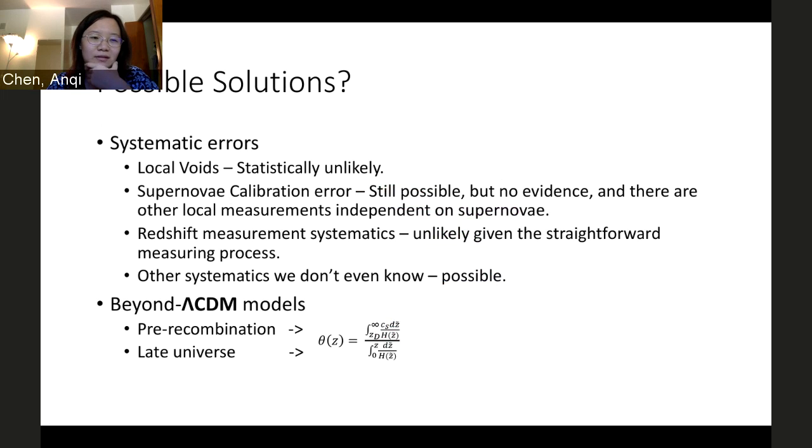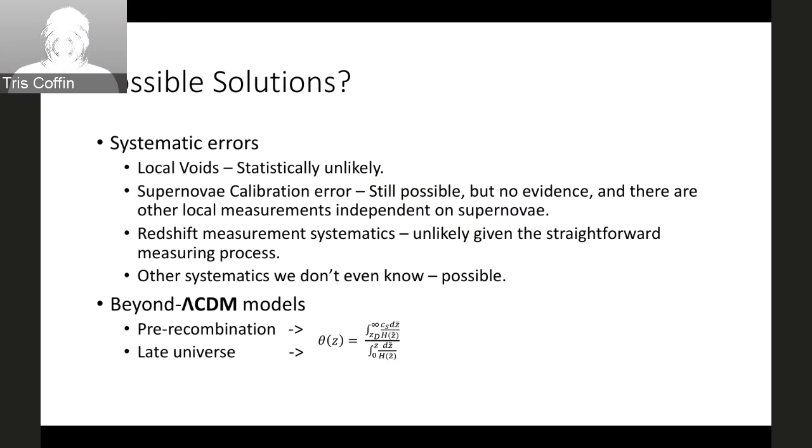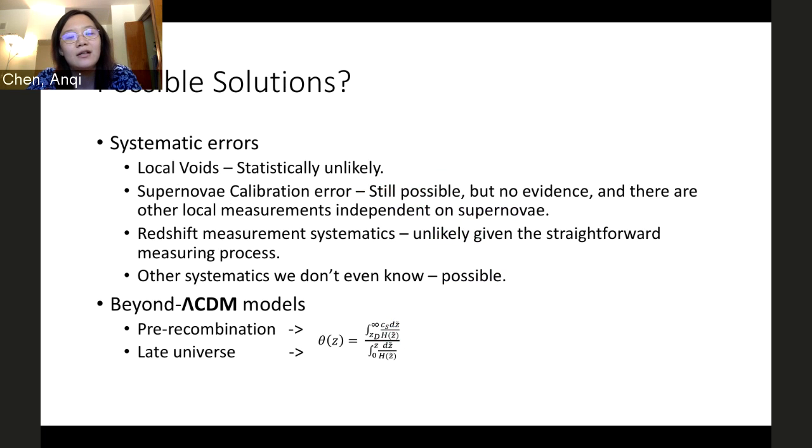In that case, it's no longer standard, and the distance measured by this standard candle distance ladder is questionable. So it's still possible, but there's no evidence, and as I said, all calibratable objects are standard, and there are other local measurements, as shown in the previous slides, that are independent from the supernovae. These other local measurements of the Hubble constant also consistently give us a higher value. And there's also the possibility that there are systematics in the redshift measurements.